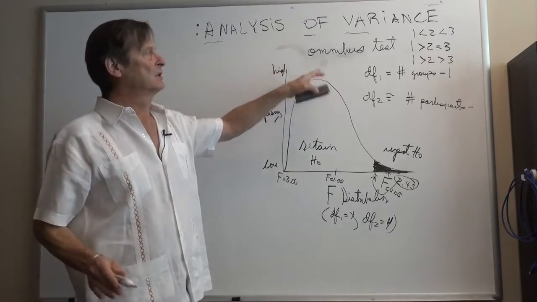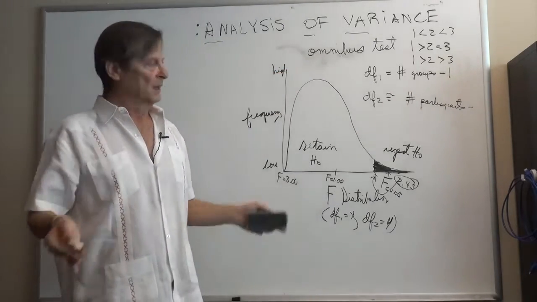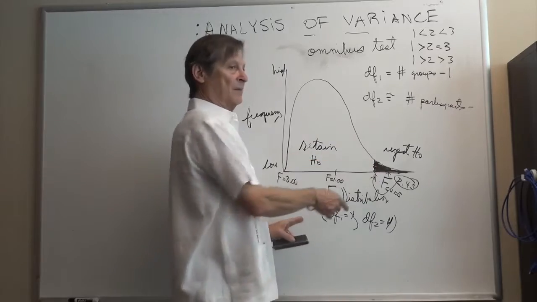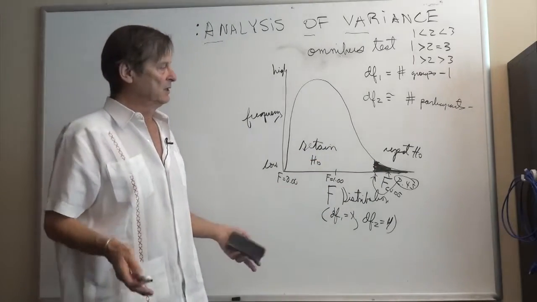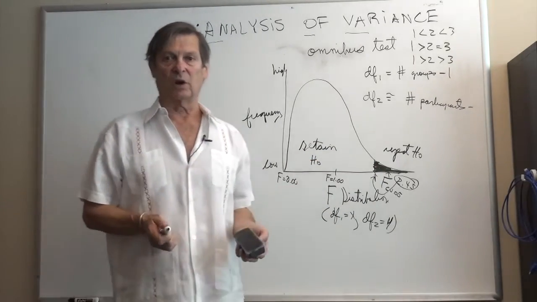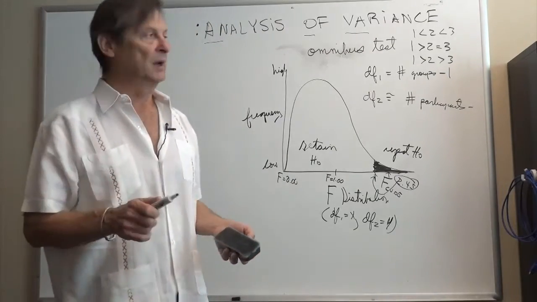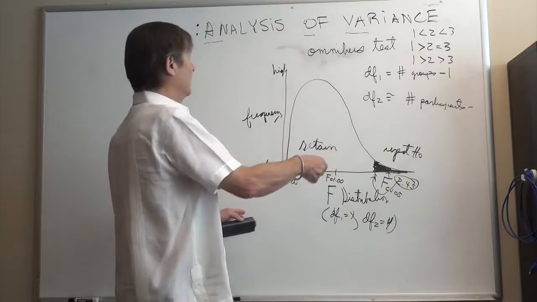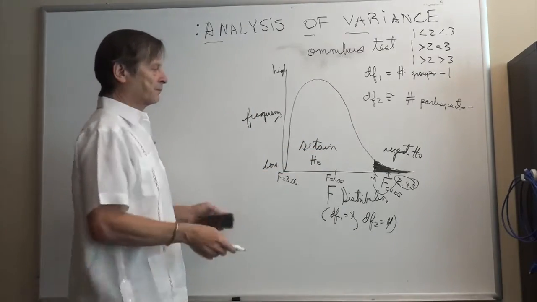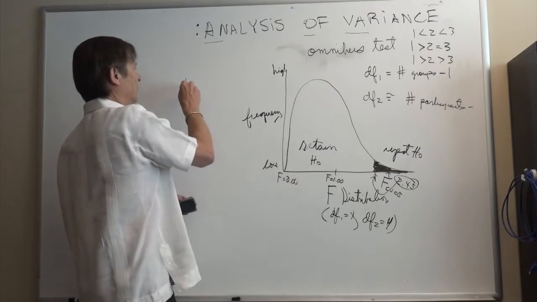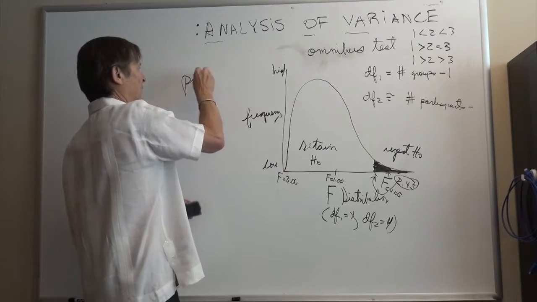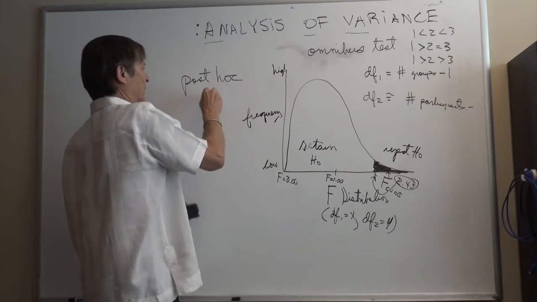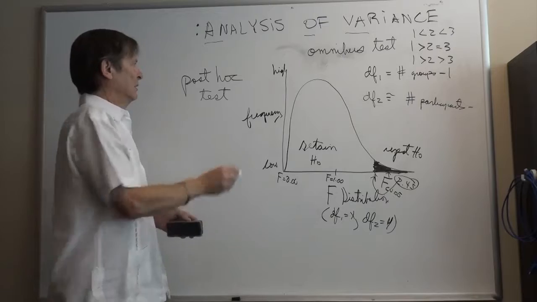So that bad news that I was hiding from you is, if our F is significant, which hopefully it is, because that's why we're doing the experiment to see if this drug really works, then we have to run another test after ANOVA. If we reject the null hypothesis, and that'll be in chapter 10, we have to do what is most commonly called a post hoc test. And that's Latin for after this.